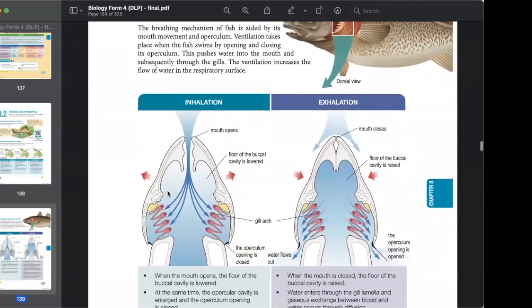Okay, the water pressure in the buccal cavity is lower than the pressure outside.